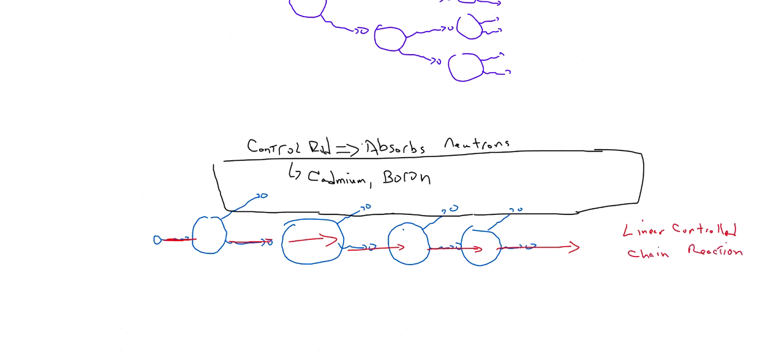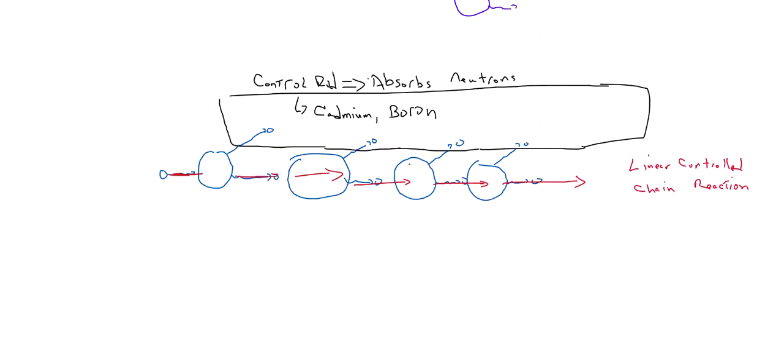Okay. And this is what we want. We want this controlled reaction to occur in a nuclear reactor. We don't want a nuclear reactor to be an atomic bomb. Okay, we want it to be controlled.